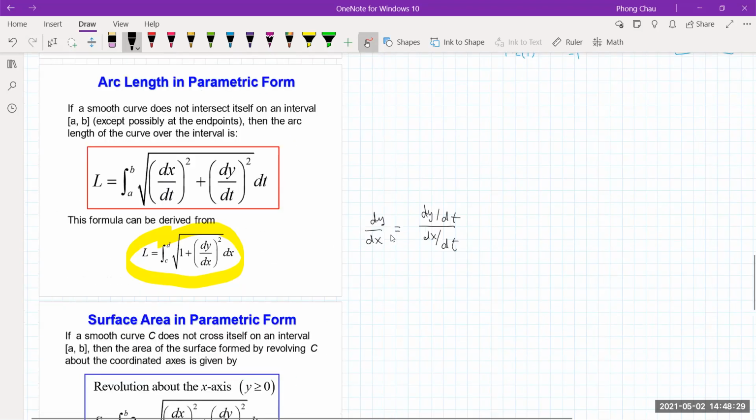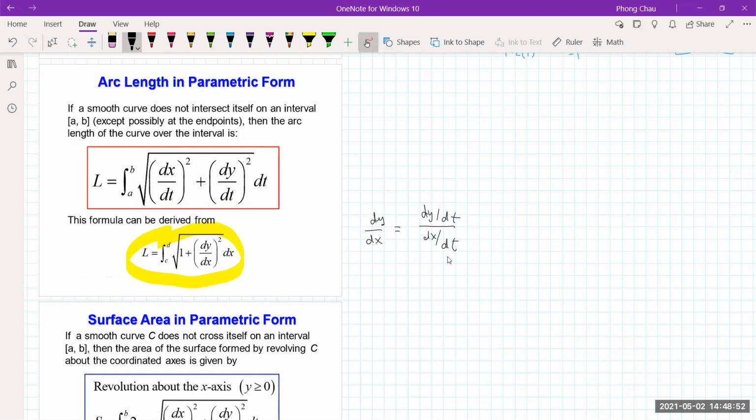So if dy/dx is this, and if we plug it here, then we get the square root of 1 plus that squared.